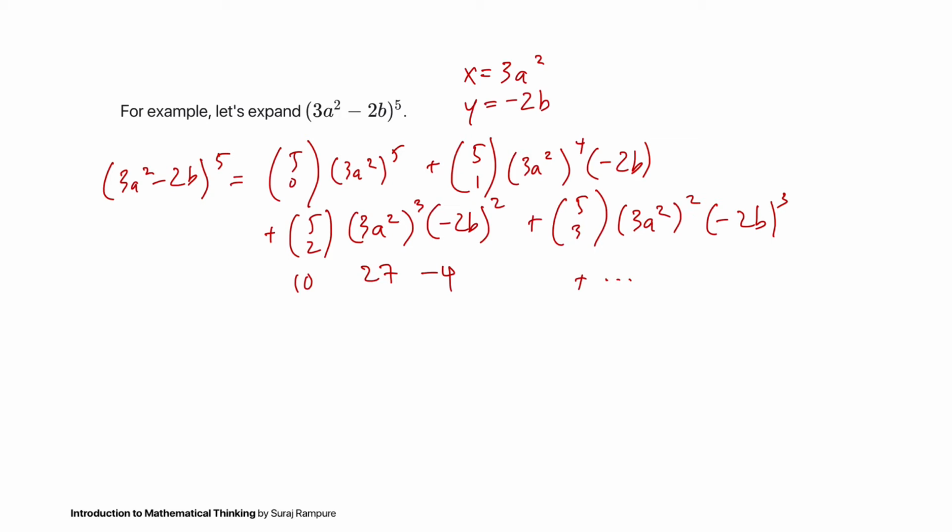So, like, this is just one step in the expansion. To be complete, you'd have to evaluate all the choosing terms, like 5 choose 0, 5 choose 1, blah, blah, blah, and evaluate all the exponents as well. Is that clear? Any questions with all of this?